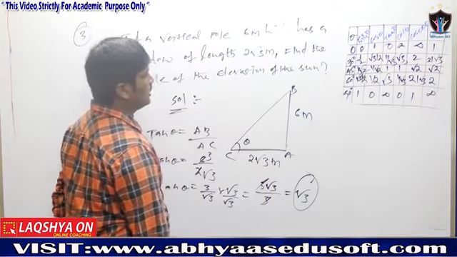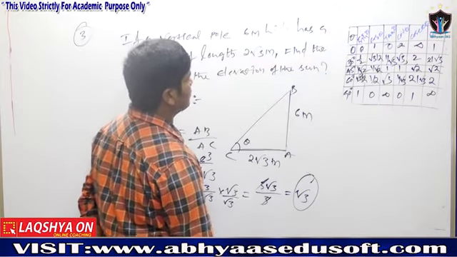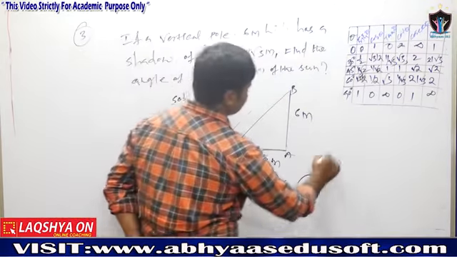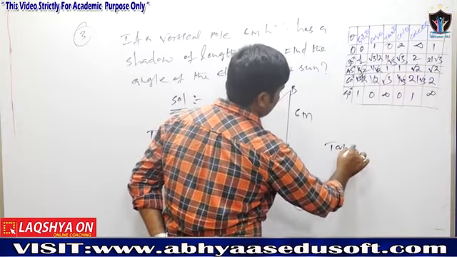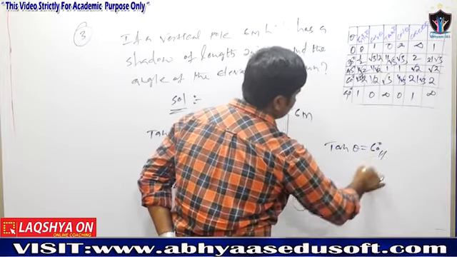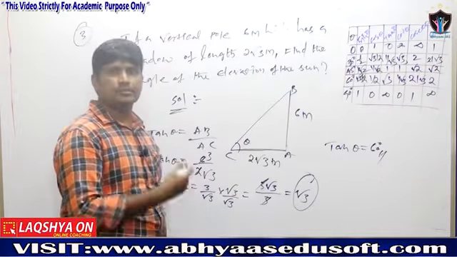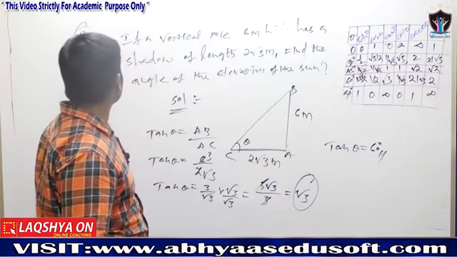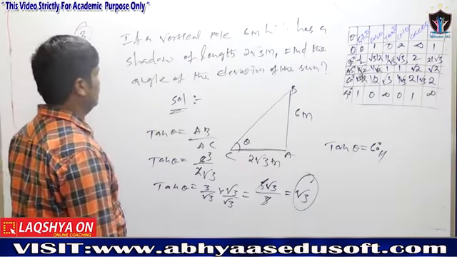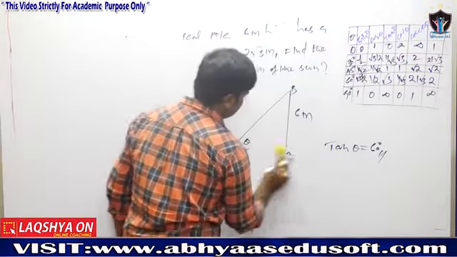So tan theta is equal to root 3, then what is the value? Directly we can take that theta is equal to 60 degrees. We can take questions in such a manner. And now let us take the fourth question.